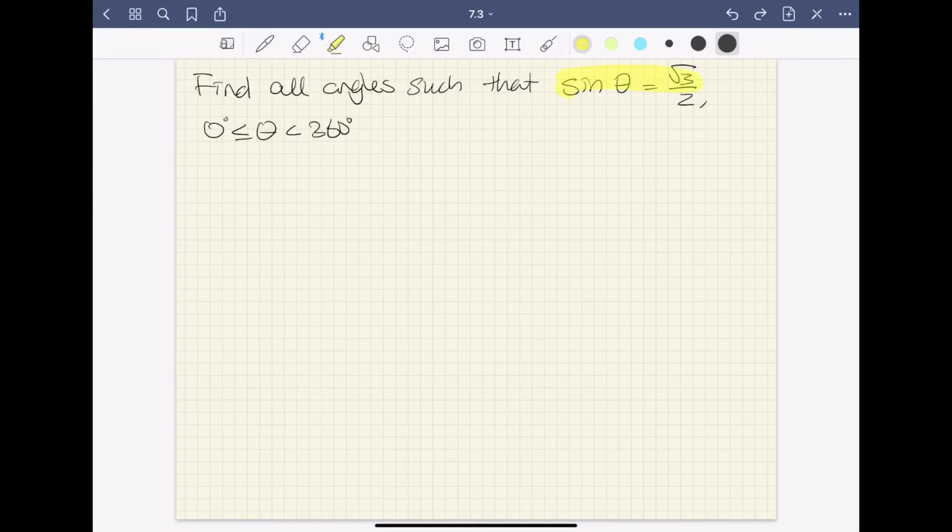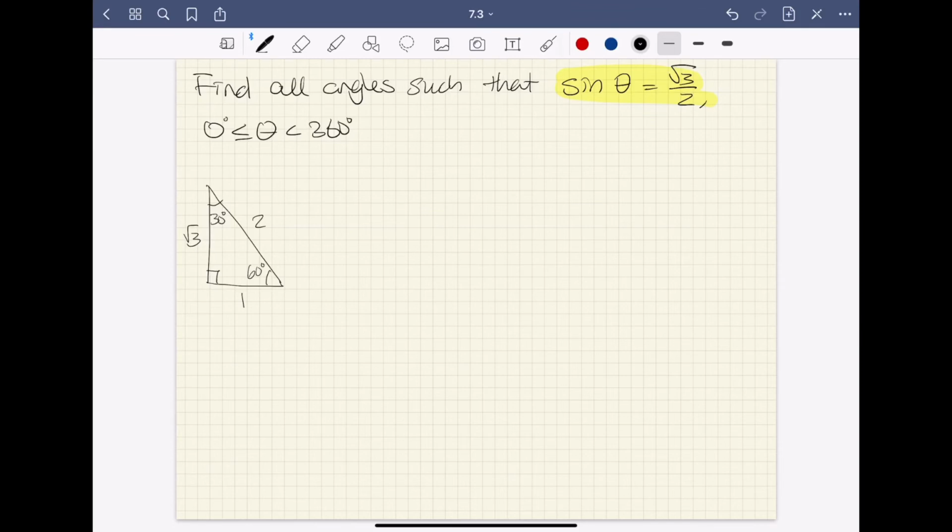If you look at this sine ratio here, does it look familiar to you? We know that root 3 and 2 are two sides in our special triangle, right? So it's 2, root 3, and 1. This is 30 degrees, this is 60 degrees, and this is 90 degrees.